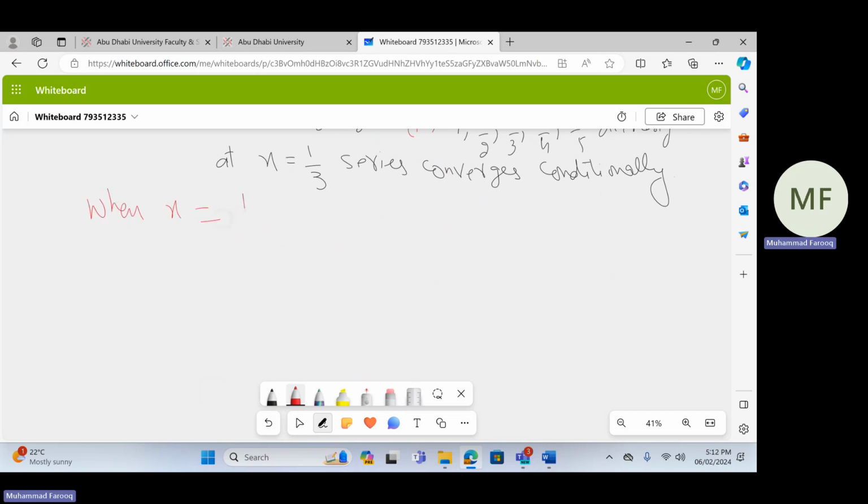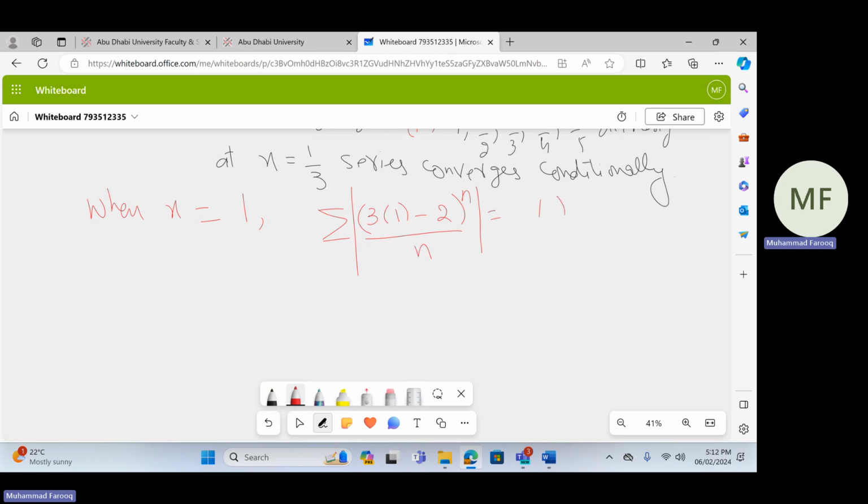When x is 1, the series is sigma of (3x minus 2) to the power n over n, first with absolute value. So 3 times 1 minus 2 is 1.